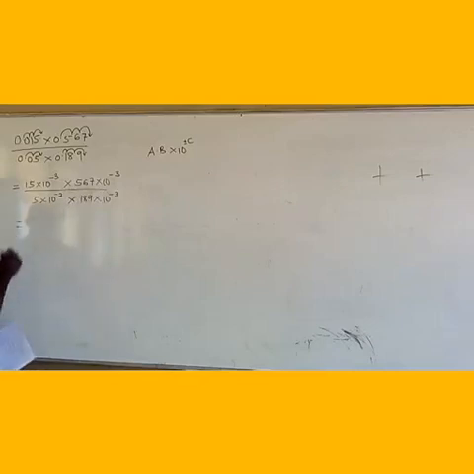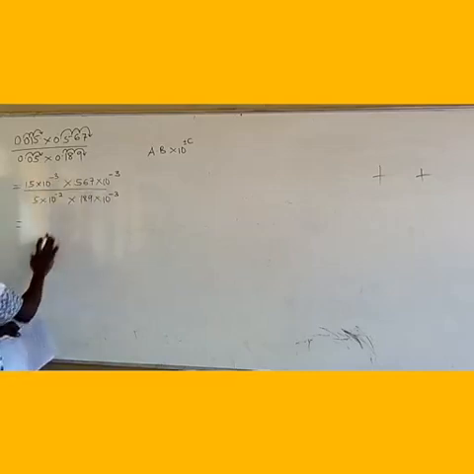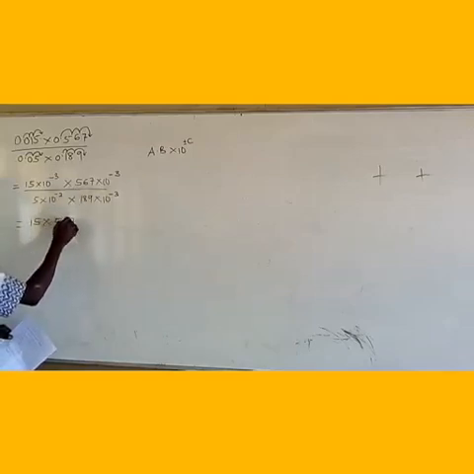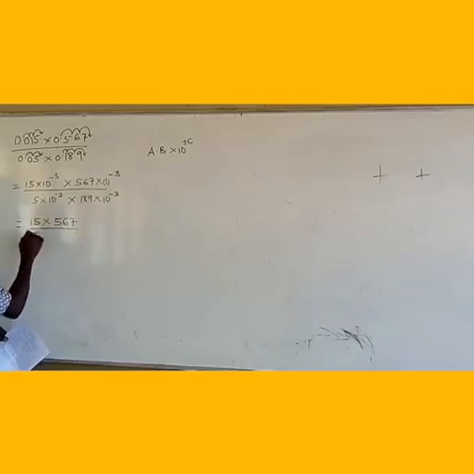Then I group the whole number parts and the exponential parts. So we have 15 times 567 all over 5 times 189.